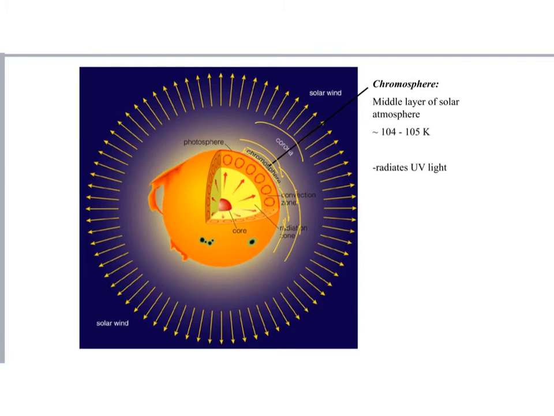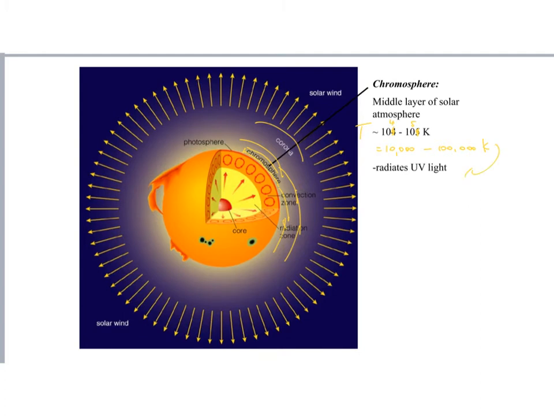This is what you should imagine about that layer. That's the middle layer of solar atmosphere. So the temperature, it's 10 to the 4 to 10 to the 5, right? So for those of you still not used to the powers of 10, that's tens of thousands to hundreds of thousands of Kelvin.